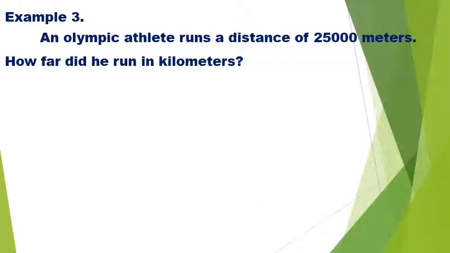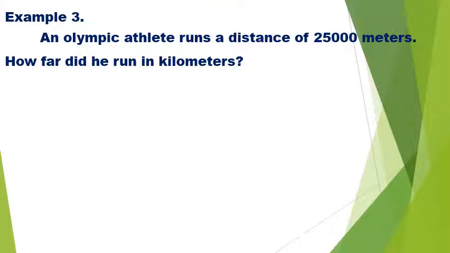Now let us have this last problem. An Olympic athlete runs a distance of 25,000 meters. How far did he run in kilometers? Okay, for this problem, we are asked to convert 25,000 meters into kilometers.